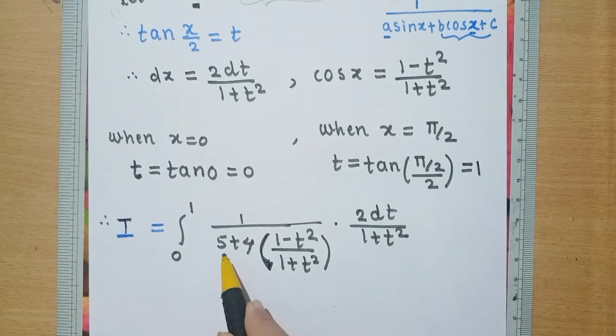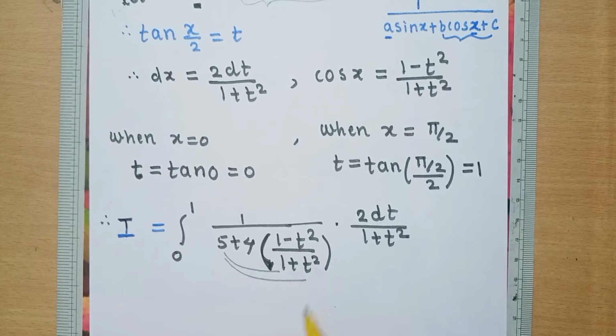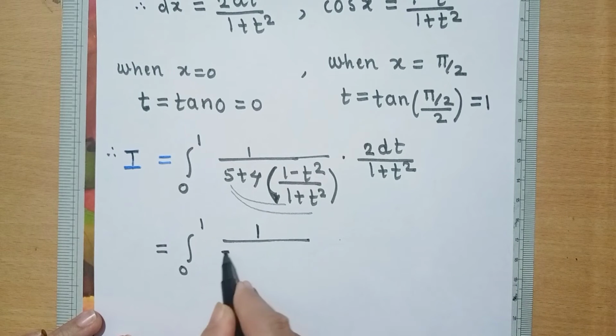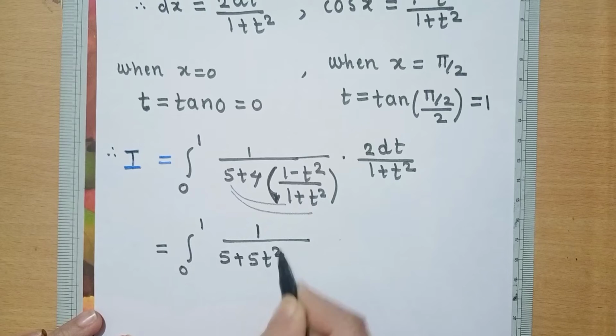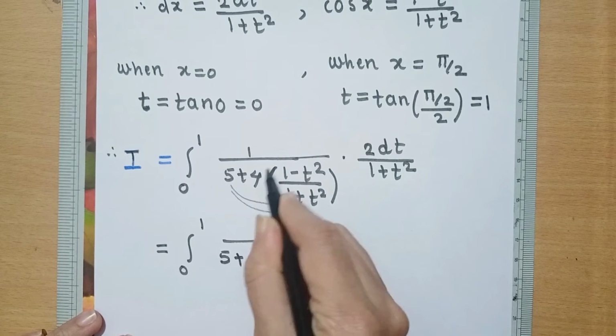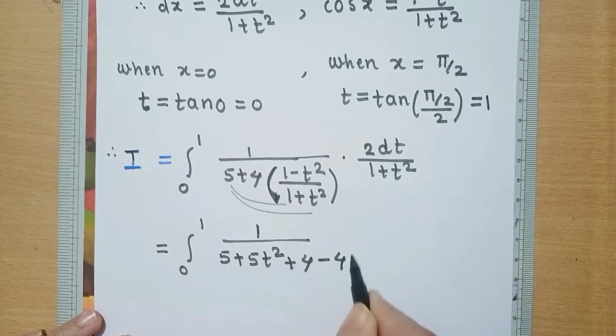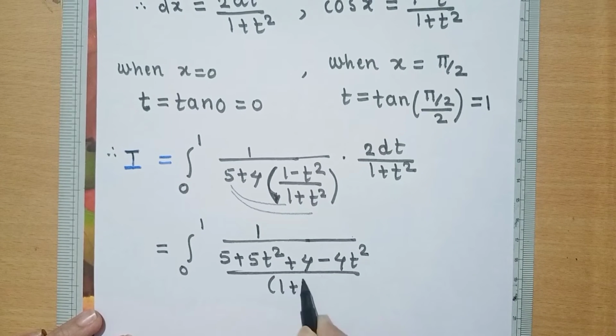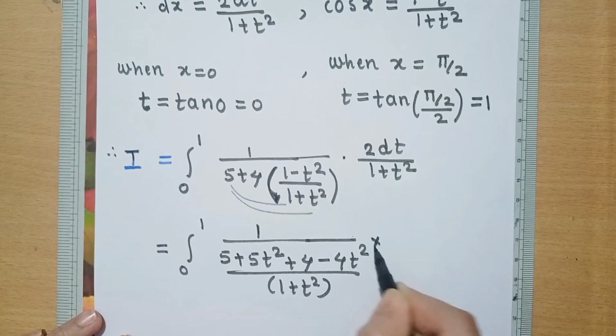Now in the denominator we will multiply this 5 by 1 plus t square also, and we will make the denominator the same. So here 5 plus 5 t square, and then 4 into 1 minus t square, 4 ones are 4, and then minus 4t square, upon 1 plus t square, and here we will write this term as it is.